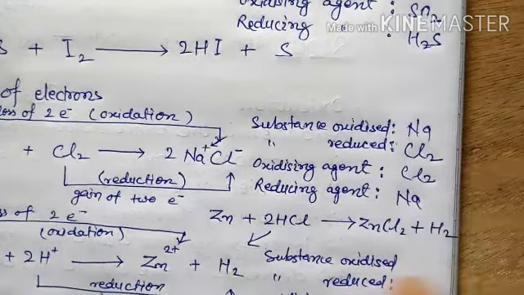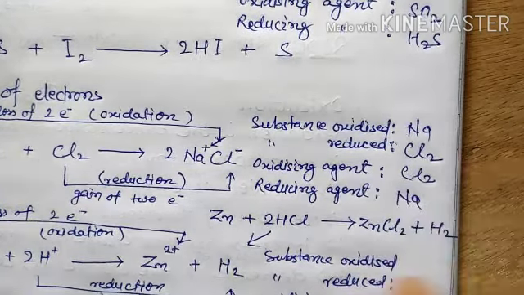So in this case, students, zinc is oxidized to zinc ions, and hydrogen ion is reduced. The oxidizing agent here is hydrogen ion, and the reducing agent is zinc, students.